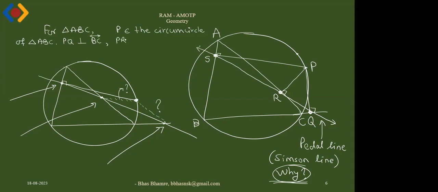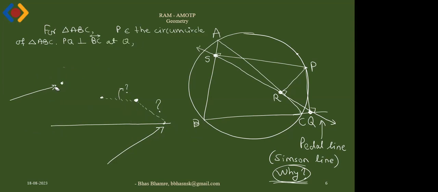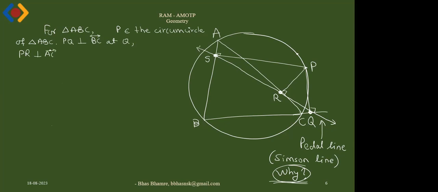Then PQ is perpendicular to line BC at Q, and PR is perpendicular to line AC at R, and PS is perpendicular to line AB at S. Then Q, R, S are collinear.